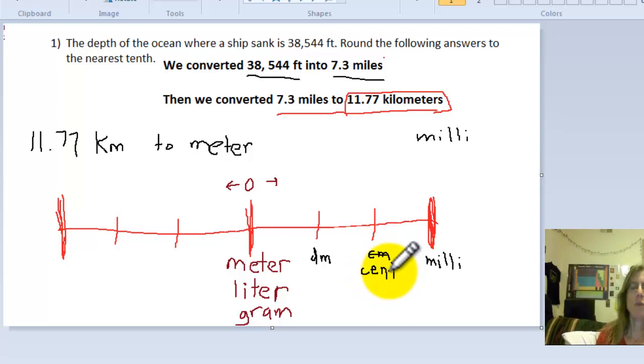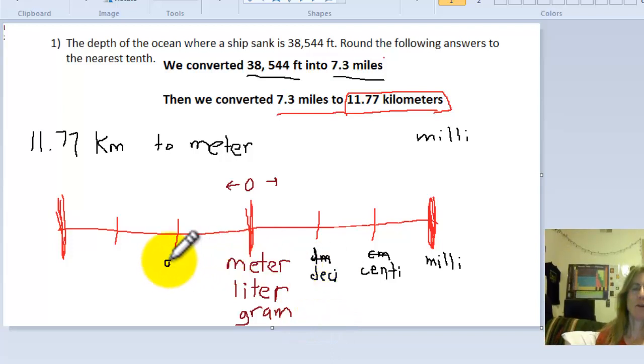We are talking about meters in this case, but you can use these prefixes for any of the words. In other words, I can say decimeter, deciliter, or decigram, centimeter, centiliter, or centigram, millimeter, milliliter, and milligram. So these are just prefixes.